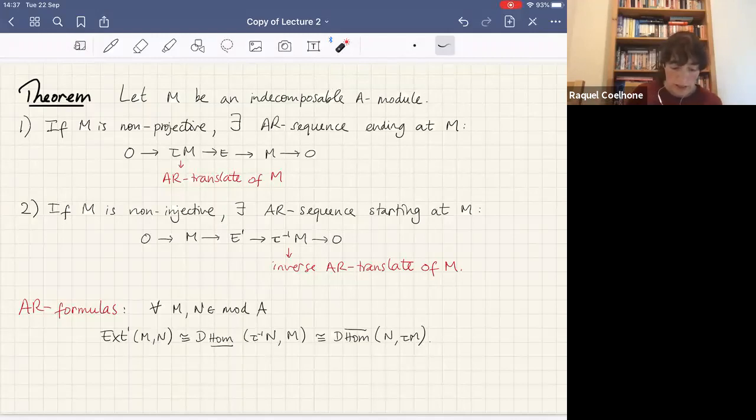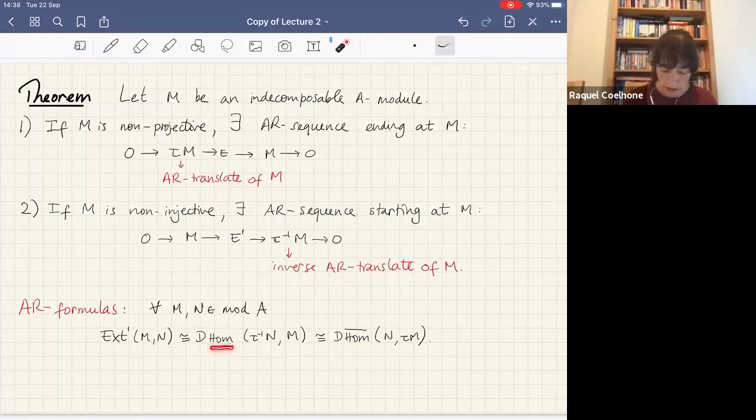A key tool for the proof of this is something called the Auslander-Reiten formulas, which we should know if we want to know about Auslander-Reiten theory. It's used several times. This gives a way to compute extensions using morphisms and this Auslander-Reiten translate. So if you have M and N, two modules, then the extension of M and N is the same as the Homs.